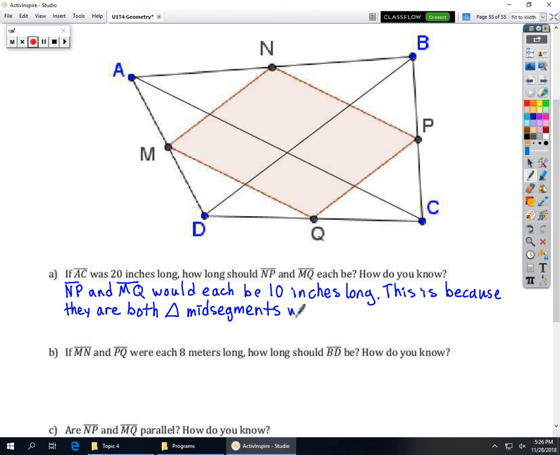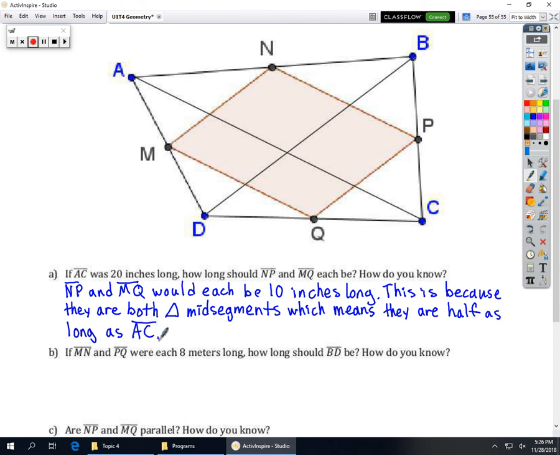Which means they are half as long as segment AC. Boom.